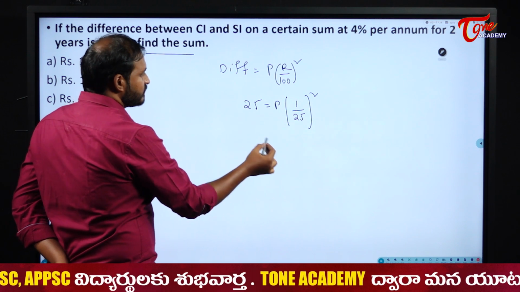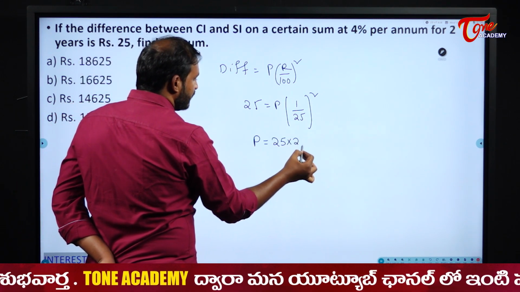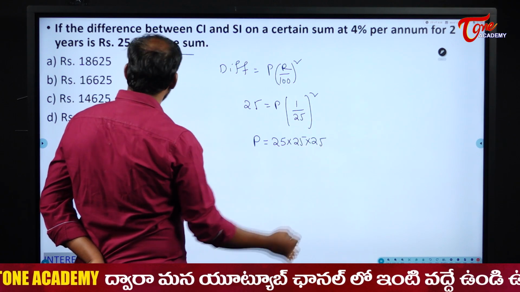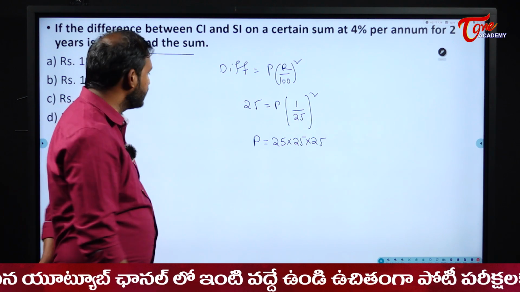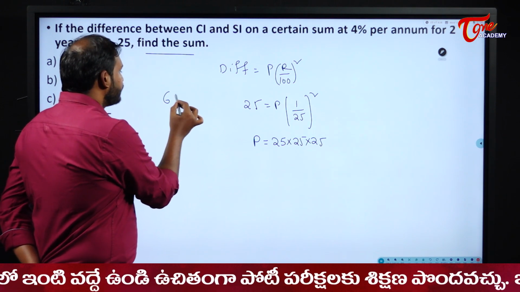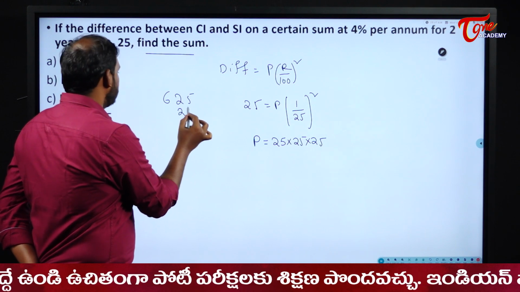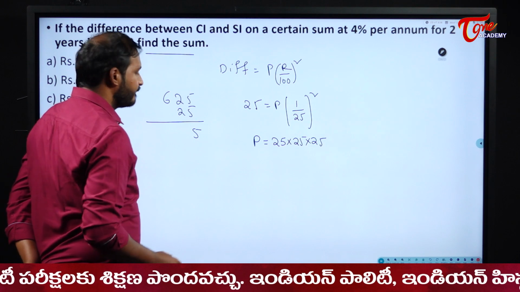So what happens to this one now? P is equal to 25 into 25 into 25. 25 is a 625. 625 into 25. What it becomes, students? It becomes 15,625. Solve this one. 625 into 25. Okay. 5 5s are 25.